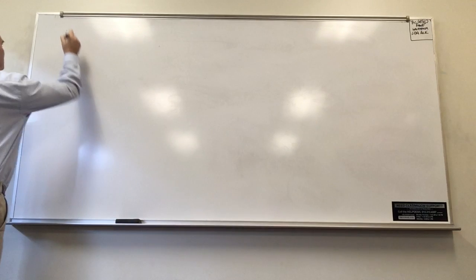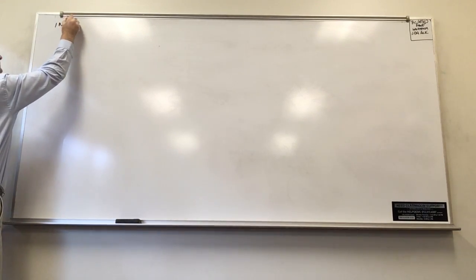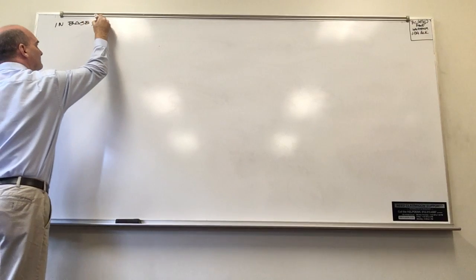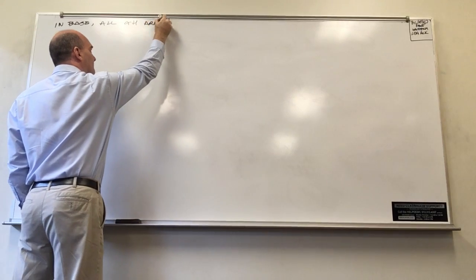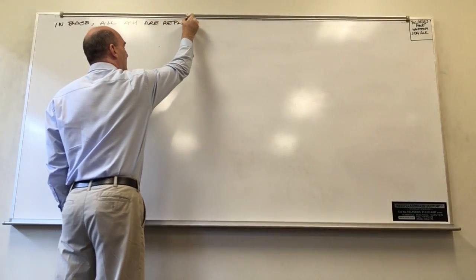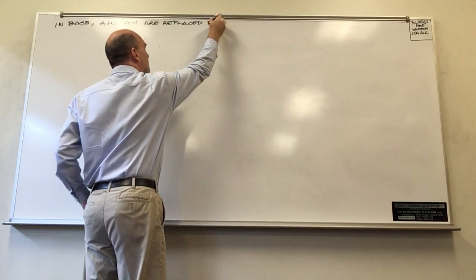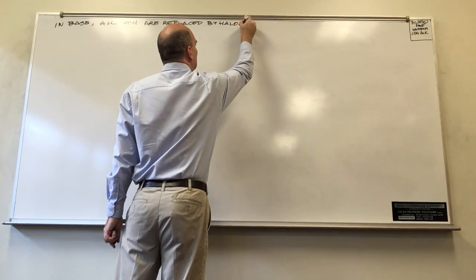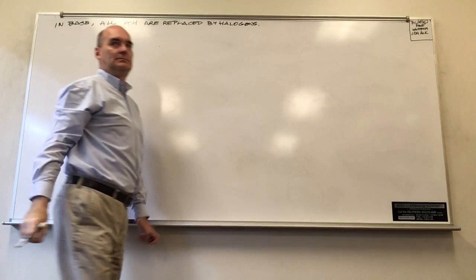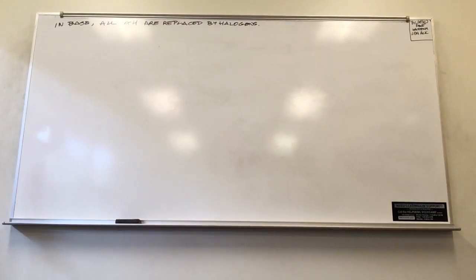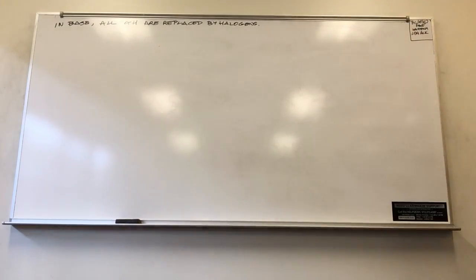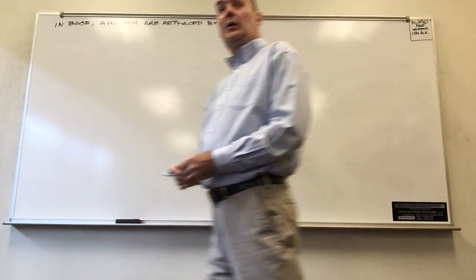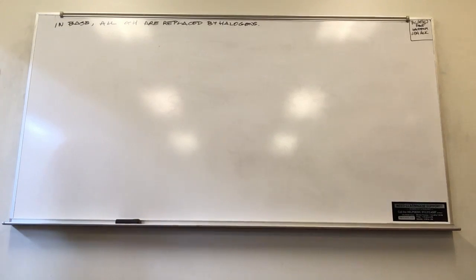If we do this in base, all alpha hydrogens are replaced by halogens, all of them. And there is a nice special reaction that shows this. So this would be a per-halogenation. Per means lots.